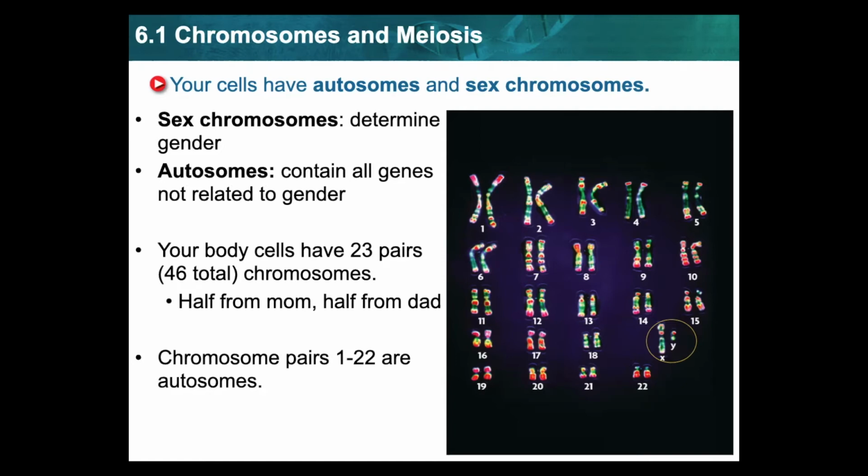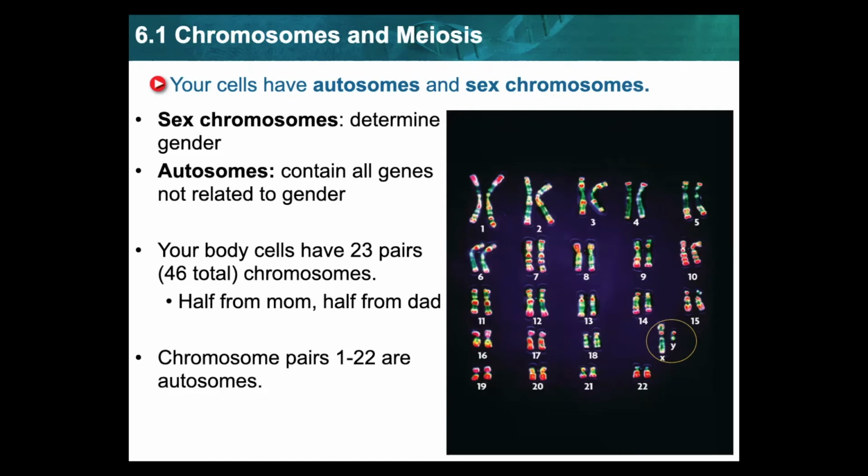Each cell in your body has 23 pairs of chromosomes. And a pair means 2, and so you have 23 times 2, you have 46 total chromosomes in each cell in the body. Half come from mom, half come from dad. So looking in this chart, this shows you your chromosomes.